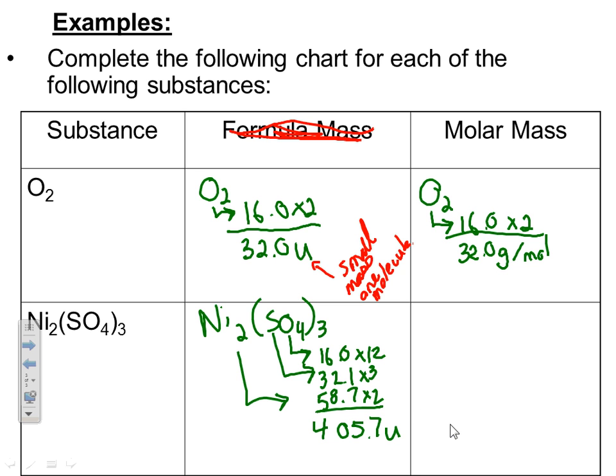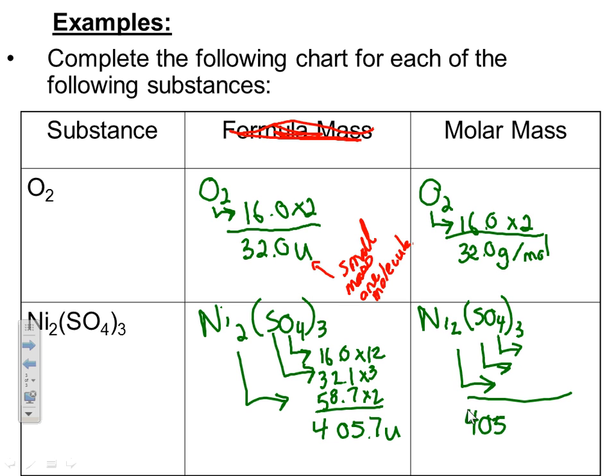But in order to get the molar mass, I would do the same calculation. I would do it exactly the same, and I would add up all those elements, and I'm not actually going to do it because the calculations here are the same as the calculations there. I would get 405.7, but now I write grams per mole.